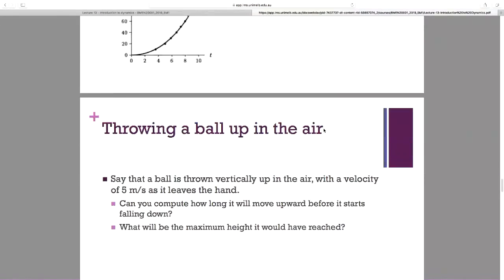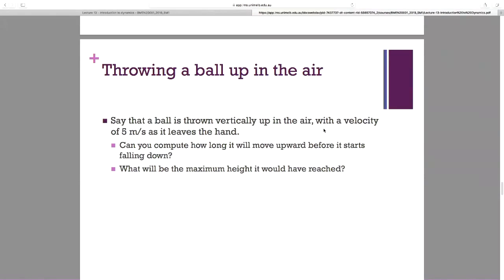So what I'll ask you to do now is just have a go at this problem here. So we've got an object that's being thrown vertically up in the air, and it leaves the hand of the person that's throwing it at 5 meters per second.